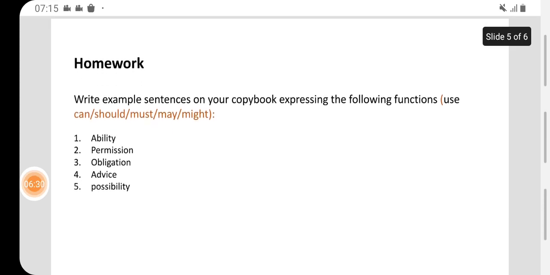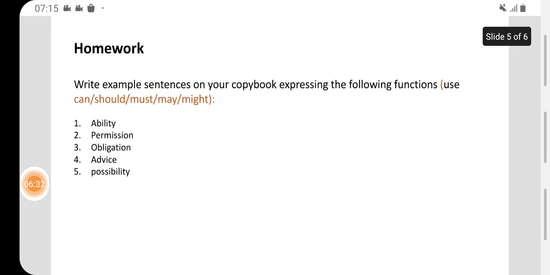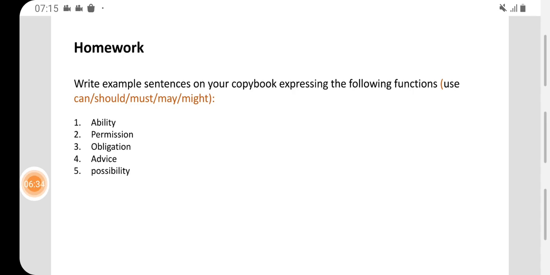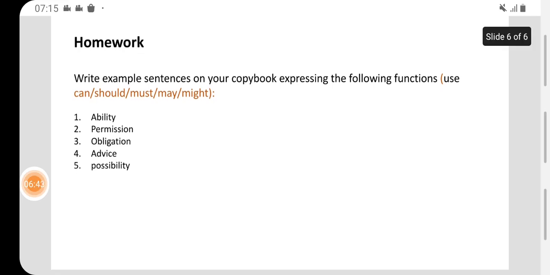Homework. Write example sentences in your copybook expressing the following functions. Use can, should, must, may, and might. Look at the functions. Order them from 1 to 5. I need you to write example sentences for each. Ability.